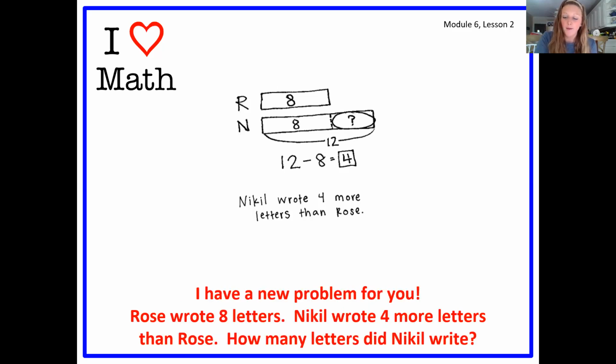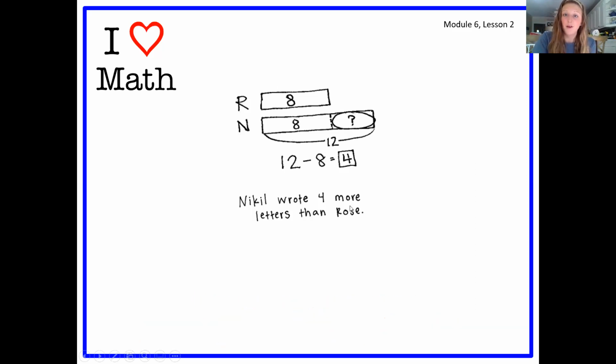So I have more problems for you. I have Rose wrote 8 letters and Nikhil wrote 4 more letters than Rose. How many letters did Nikhil write? Let's see. Well, I have the work right in front of me, right? If Rose wrote 8 letters, Nikhil wrote 4 more, well, I can see right here that Nikhil would have written 12. Okay?